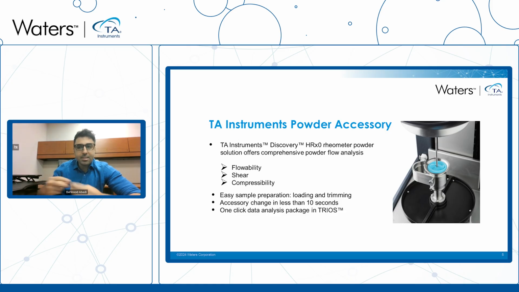It's really easy to change these geometries. It's really easy to load and trim the sample, and the TRIOS software does all the analysis for you. So you don't need any other instrument; using your HR rheometers, you can use this accessory.